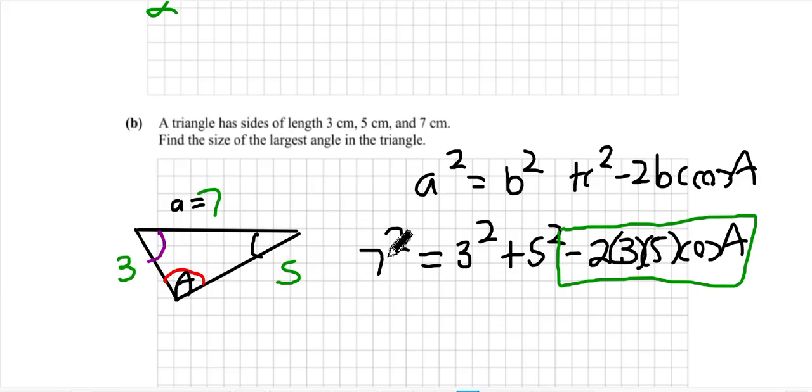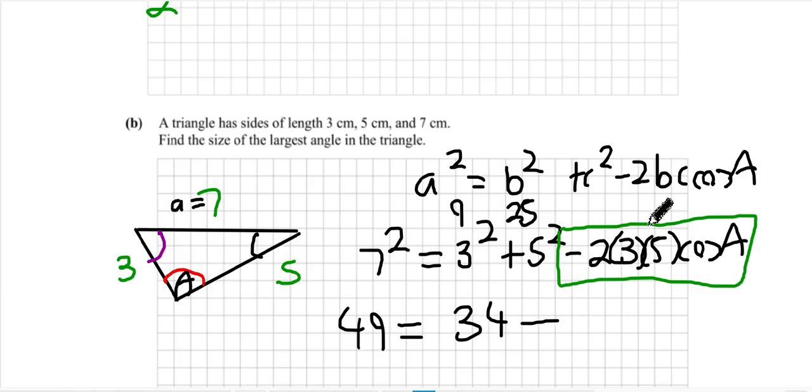So what's 7 squared in the calculator? 49. What's 3 squared in the calculator? 9. 5 squared? 25. 25 plus 9? 34. And then 2 times 5 times 3 in the calculator. So you put minus 2, bracket 3, bracket 5.